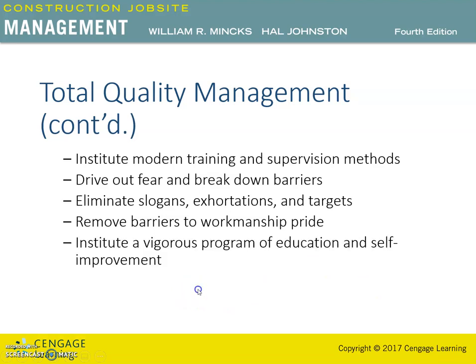Also institute a vigorous program of education and self-improvement for everyone, and then require commitment by all employees to accomplish the transformation and create a structure of top management that will stress the use of aforementioned points.